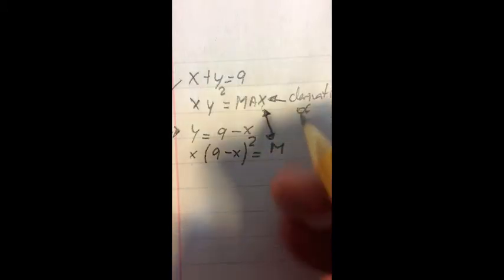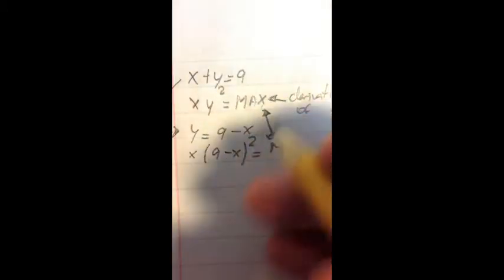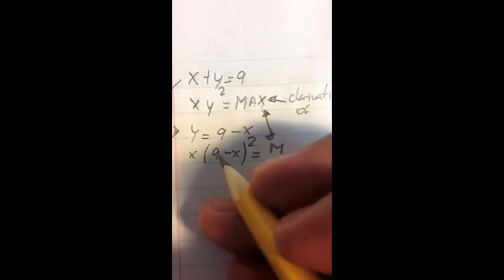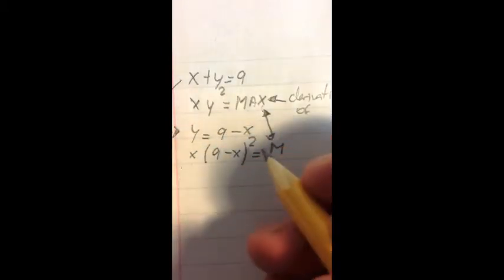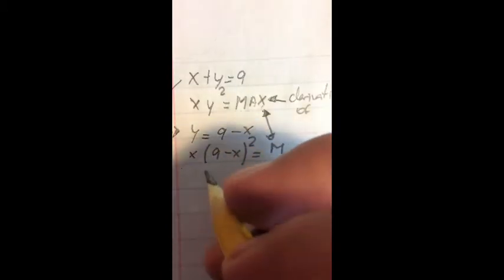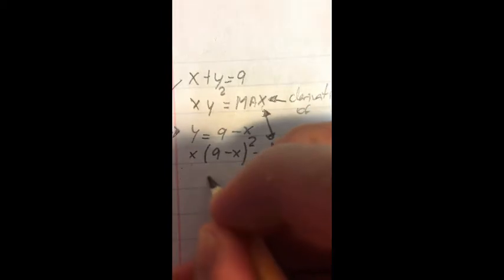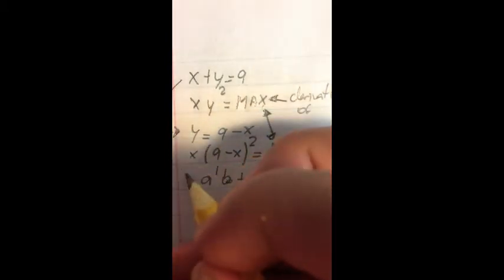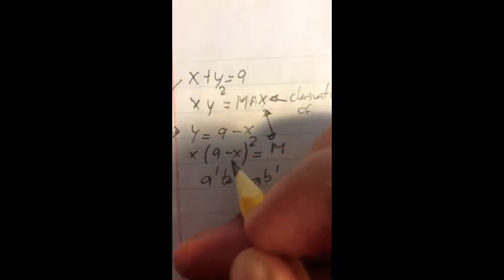And since it will be the equation that we'll have to take the derivative of, you could just do the chain rule and the product rule. So we have a prime b plus a b prime, a being this and b being this.